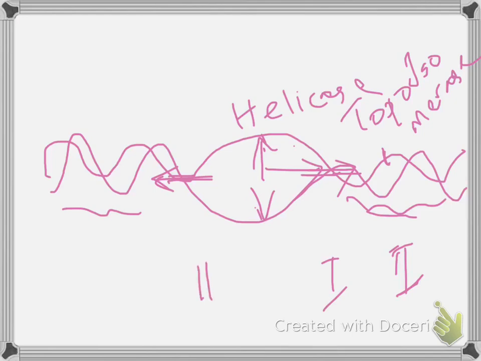Similarly, topoisomerase 2 relaxes the supercoils formed during the movement of the helicase in the replication by giving nicks on both strands of the DNA. So topoisomerase 2 makes nicks on both strands of the DNA, but topoisomerase 1 creates nicks only on one strand of the DNA to relax the DNA.